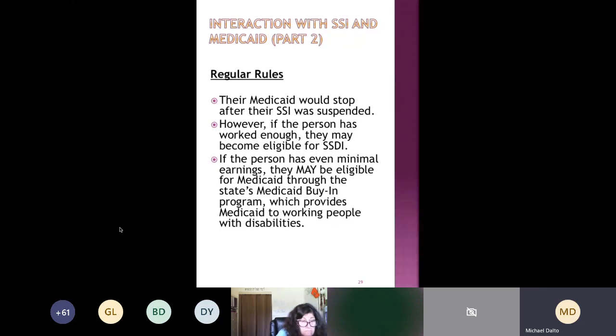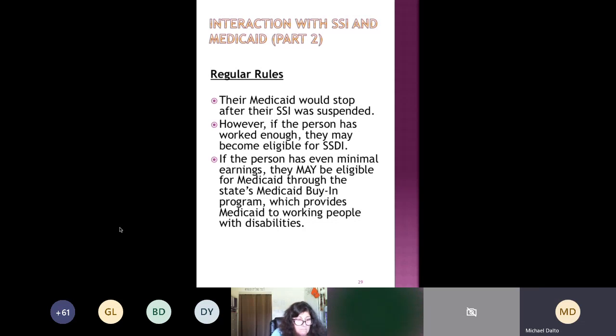Some states have other ways to get Medicaid that a person may be eligible for. And one of them that's very common is a program called a Medicaid buy-in. This is a program for working people with disabilities who meet certain other conditions and who don't get Medicaid another way, such as through SSI.